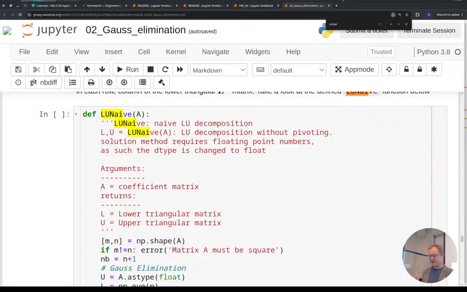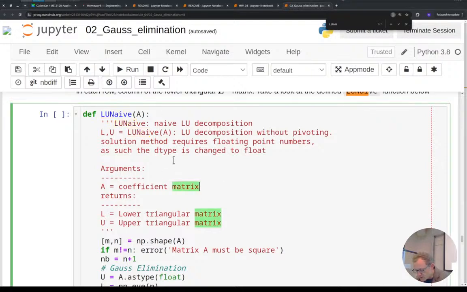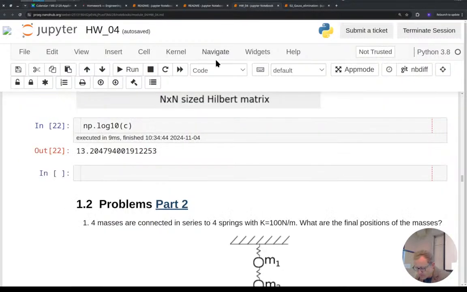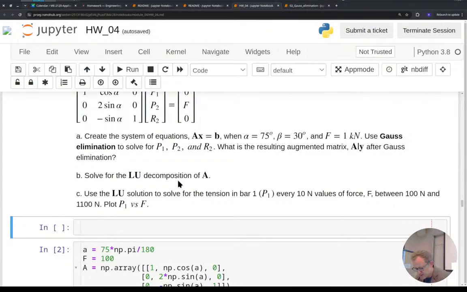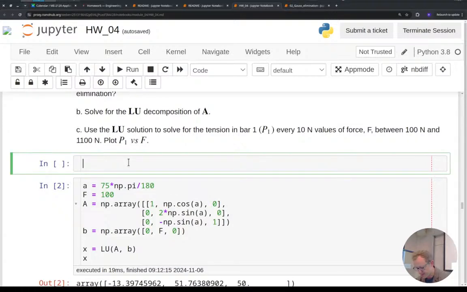It doesn't necessarily save you personally time, but if you have a linear algebra problem, you decompose it once and then keep solving as you change things. So that's what we're trying to do. We can use this naive approach, or we can import an approach. Let's import it just to see what happens.